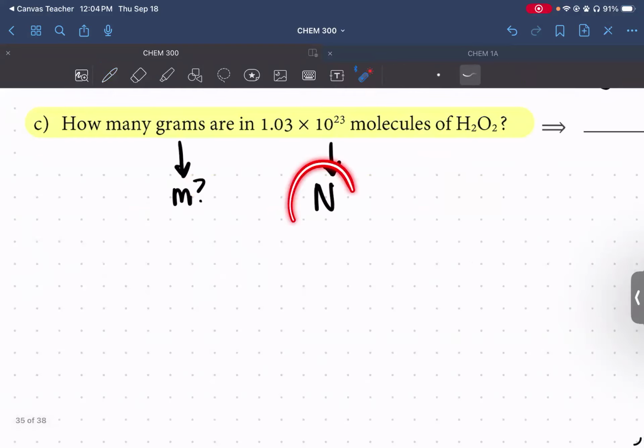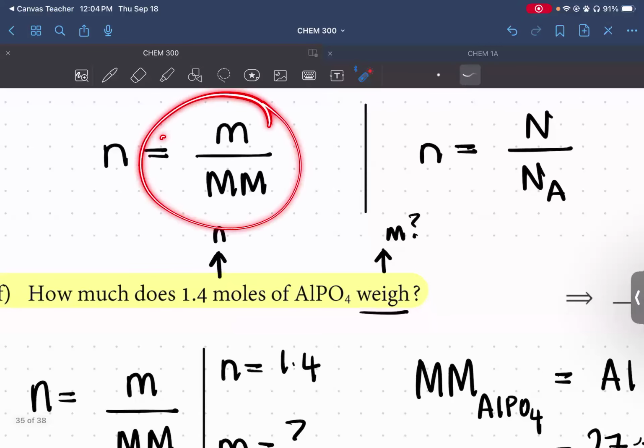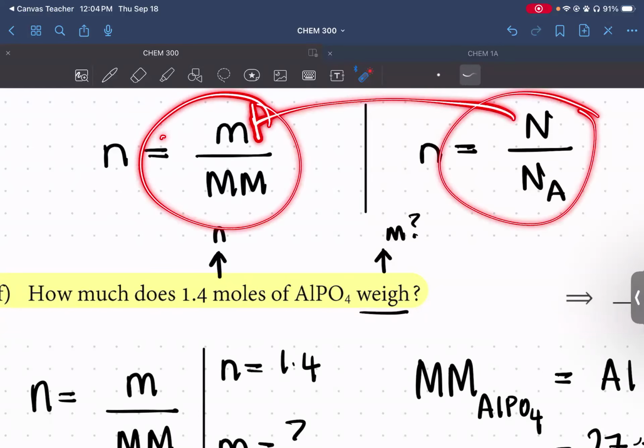Okay, now we have a situation where we have M and N. Technically speaking, there is no single equation that relates the two.